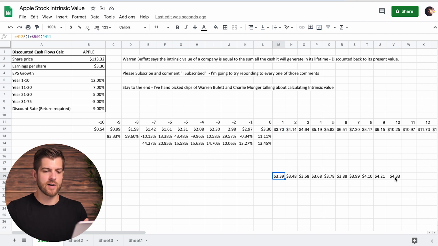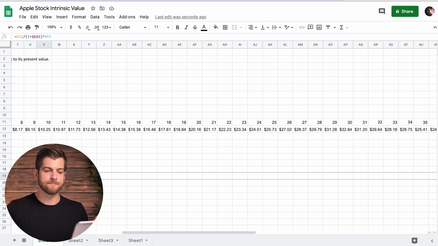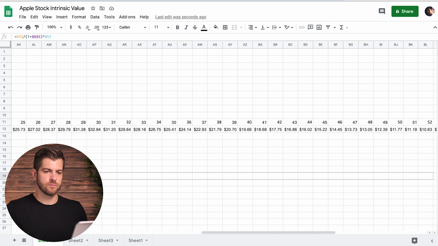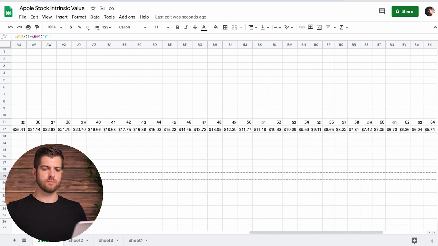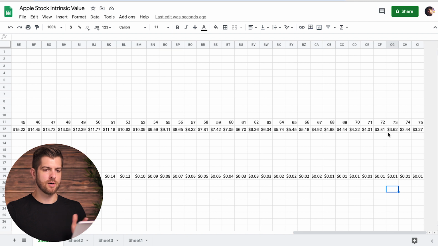So this is the present value line. And basically what I'm going to do is I'm going to drag all of this across for all 75 years as well. All right, so this is the present value of that future cash flow for each individual year.